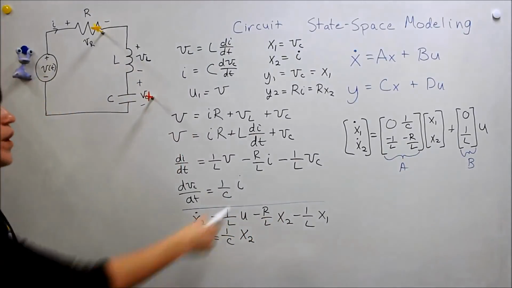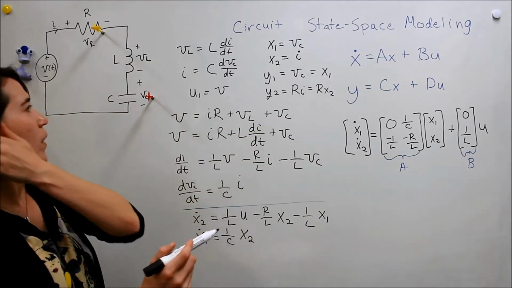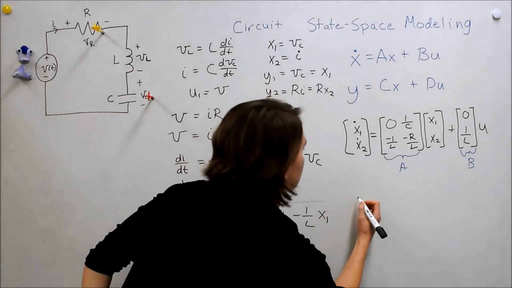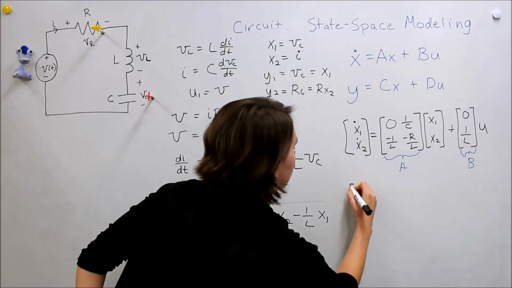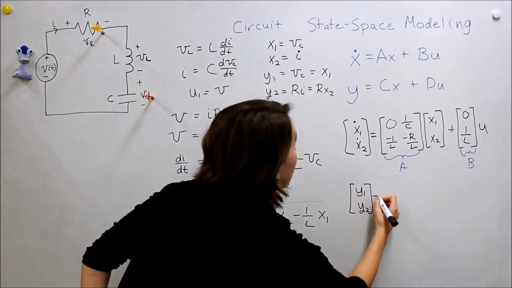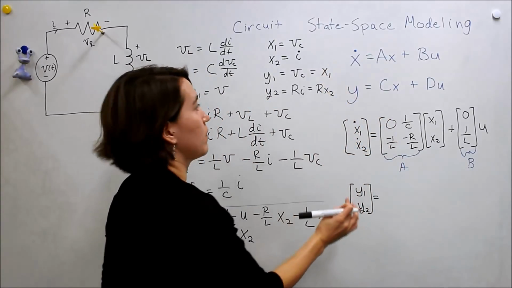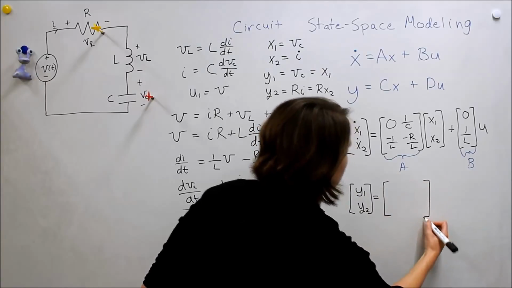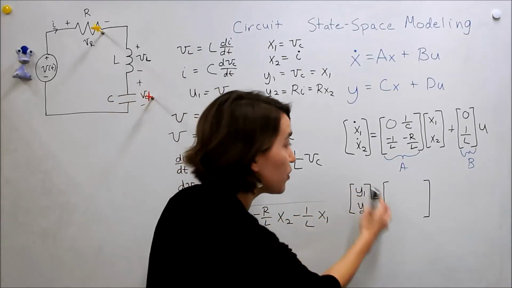Now, what about Y? And we have 2 now. What do we do with that? Well, we have already written it here, so let's see what we can do. So we're going to put Y1, Y2, and it's going to be equal to, we have to see how Y1 and Y2 depend on X1 and X2. So we're going to make a matrix here. We have 2 states and 2 outputs, so it's going to be a 2 by 2 matrix.